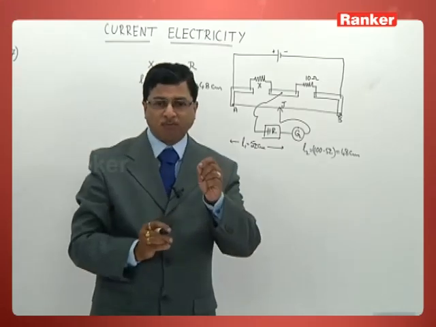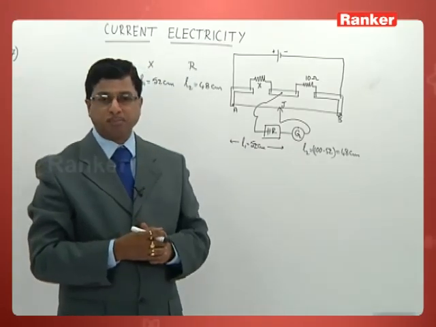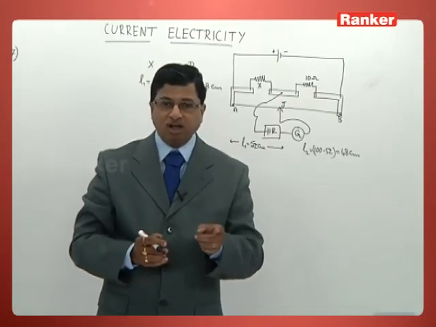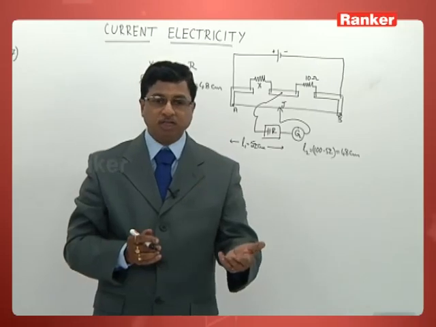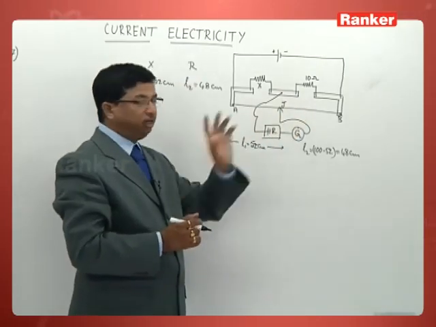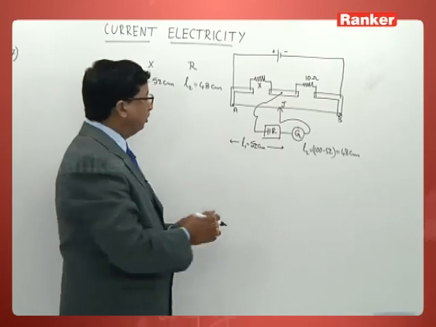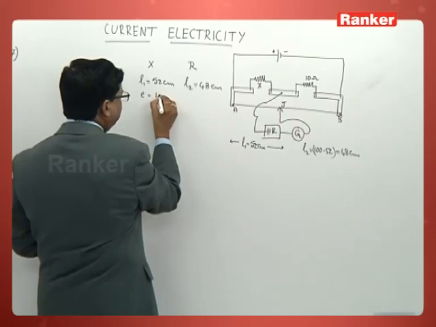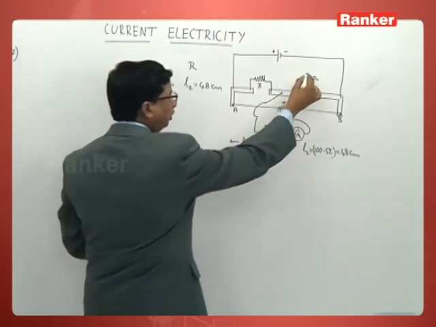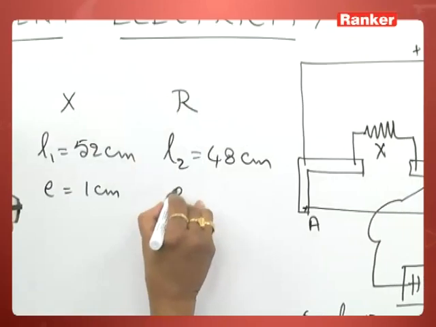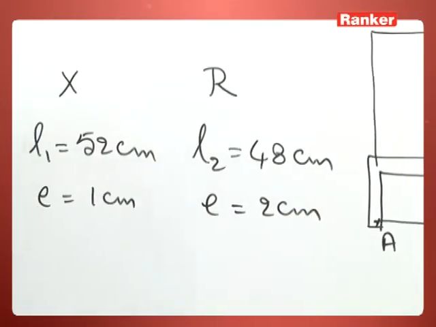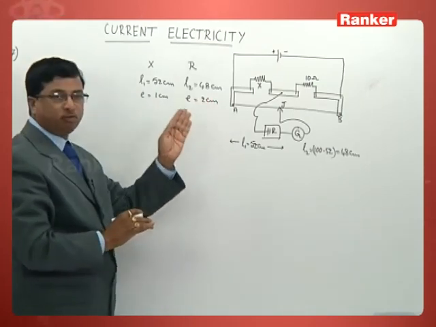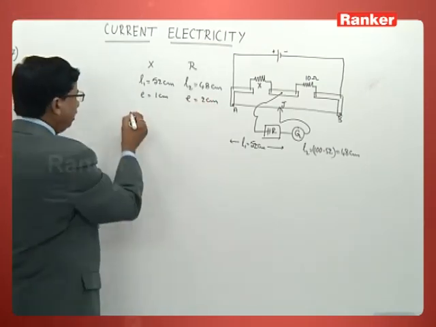But he has given a wonderful concept at the tail end of this problem. The end corrections are 1 centimeter and 2 centimeter respectively for the ends A and B. That means towards this, the end correction is 1 centimeter. Towards this, the end correction is 2 centimeter. Then what is the determined value of X? So what can we write now?